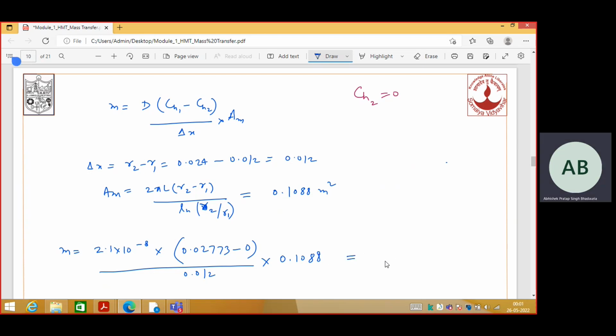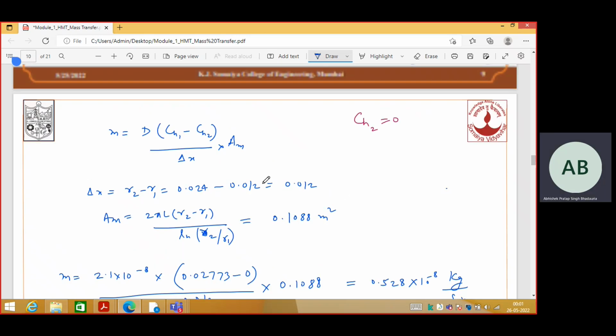To calculate, the answer is 0.528 into 10 to the power minus 8 kg per second meter. So this is the solution.